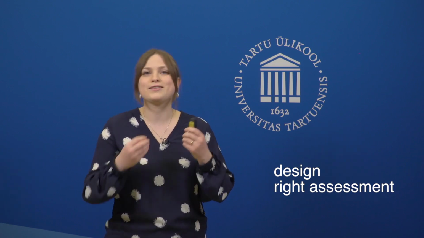The second step is related to finding and choosing teaching methods and activities that would support the achievement of the desired learning outcomes. And the final step is to choose the right assessment that would evaluate whether students are able to achieve the desired competences at the end of the course or not.